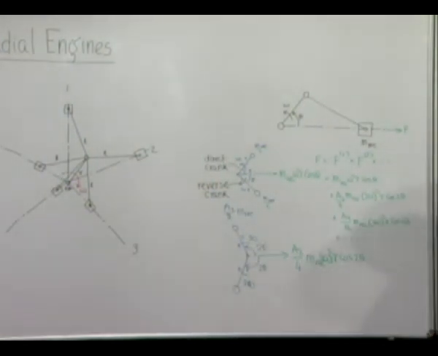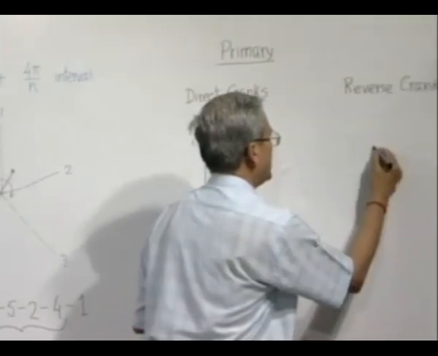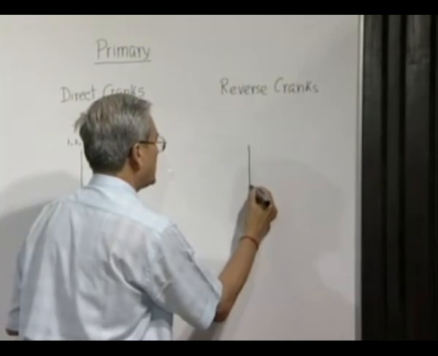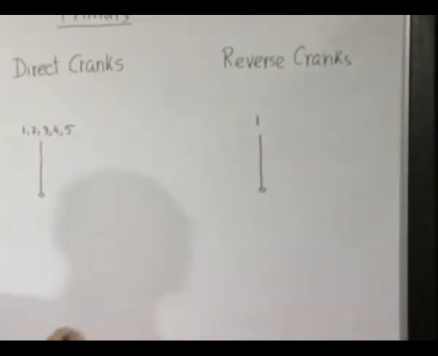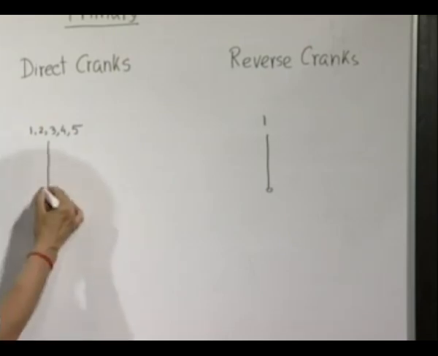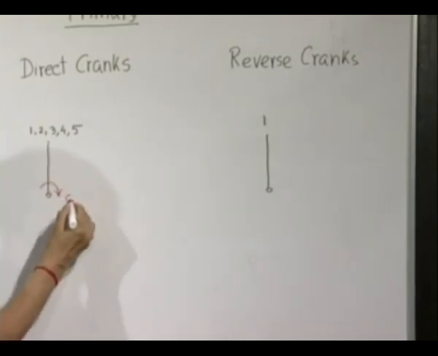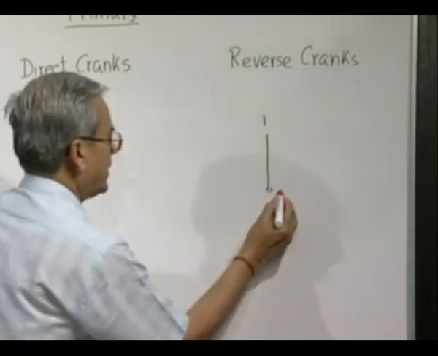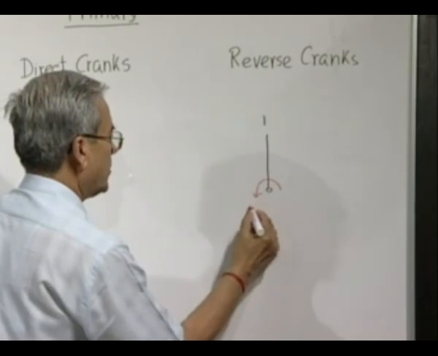So for cylinder 1, since it is along the center line, this will be the position for the reverse crank. Now of course you have to keep in mind that the direct cranks are all rotating at the same speed omega in this direction. And here they are all rotating in the opposite direction with speed omega.